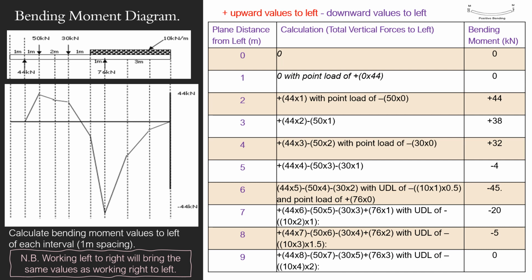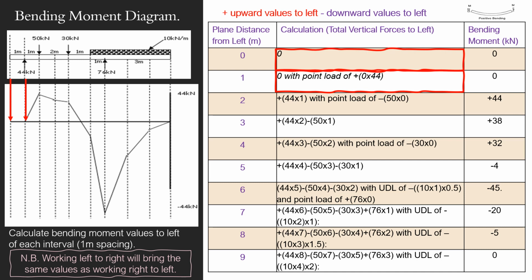But the difference between the shear force and the bending is that the bending moment is force times distance. So if you have a look here, 0 meters in, there's nothing going on. 1 meter in, instead of having that line upwards, going from 0 to 44, you're using the moment. There's no moment at this point because you're sitting on the point.